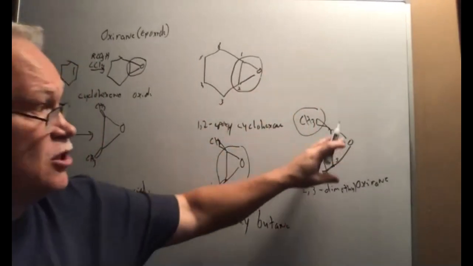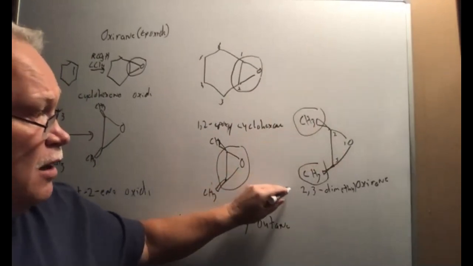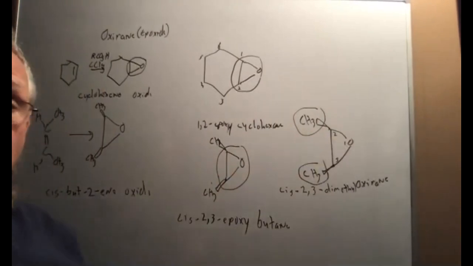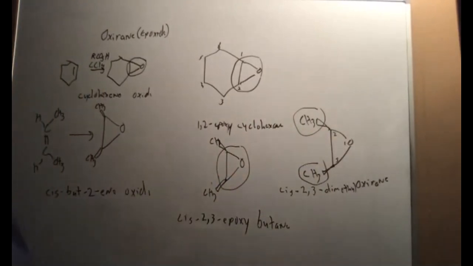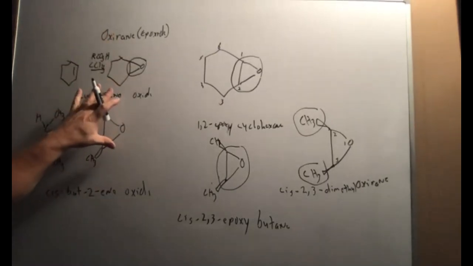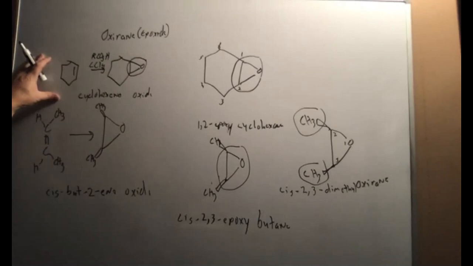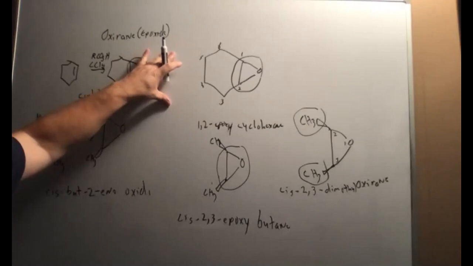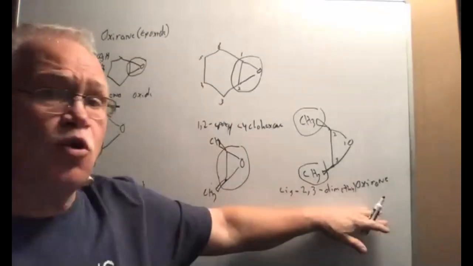And again, since they're cis on the ring, this cis and trans shows their position on the 3-membered ring. So, which method do you like better? I don't like this method at all because it requires us to have to go back to the alkene that it was made from. This one kind of halfway makes sense, but this is the much more systematic.